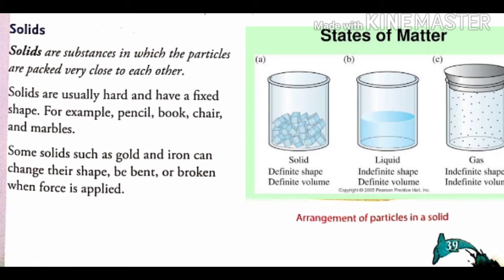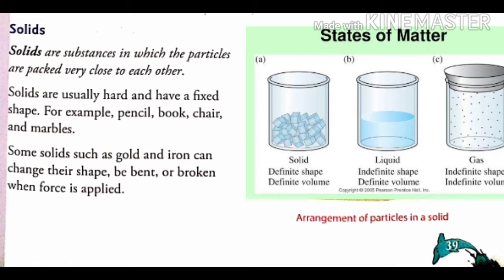You can have a look at this picture which has appeared on your screen just now. The first state of matter, the first one, is solid. You can see in the solid, the particles or molecules are so close to each other as compared to liquid and gas. And what are the other properties of solids?